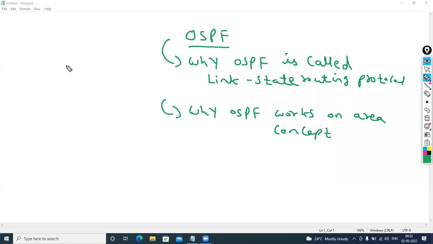We call metric a cost in OSPF: reference bandwidth divided by interface bandwidth. Based on the link cost, it will calculate the best path to reach your destination.